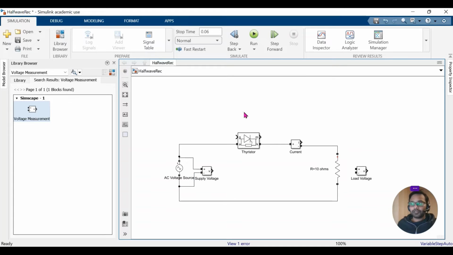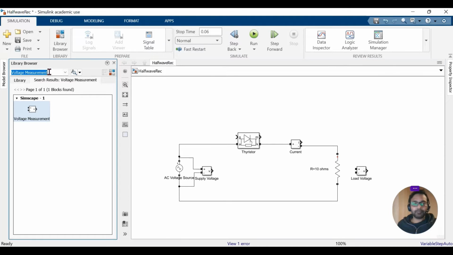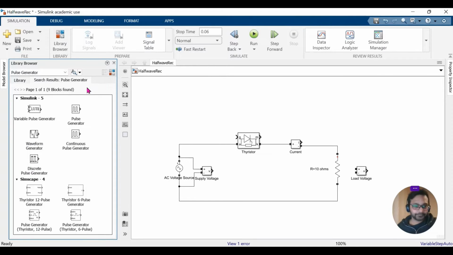Okay, now to trigger this thyristor, I will need a pulse generator. Okay, so a pulse generator. We are going to use the second one here.